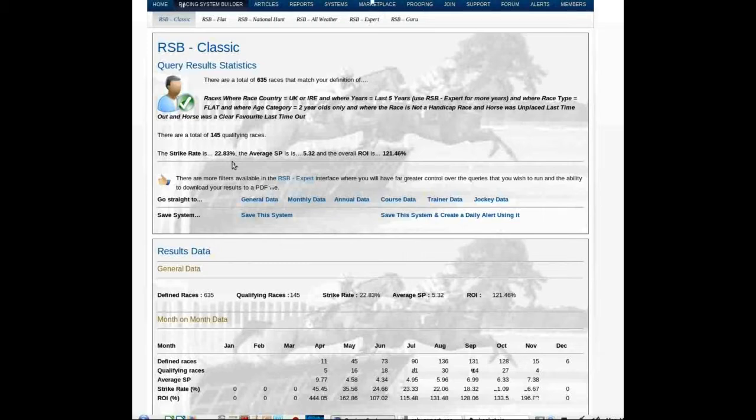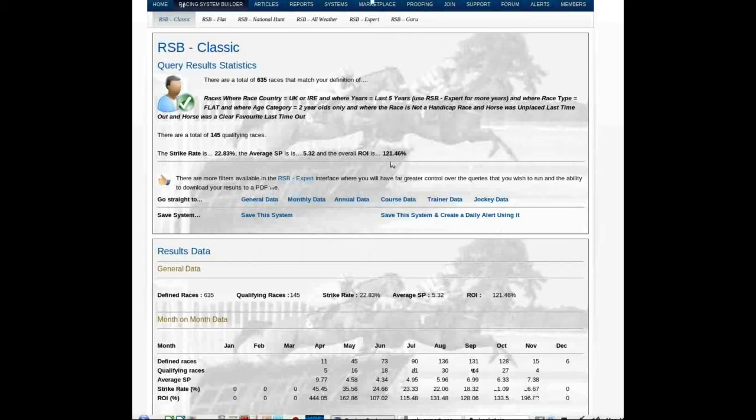These are 2-year-olds who don't have years and years of results behind them. They're fairly unknown horses. However, we're betting on the horse that was a favourite last time out and then didn't even get placed. It must have been thought of as a good horse to be a favourite last time out. It didn't get placed. That, I believe, is reflected in the higher than average SP of 5.32.